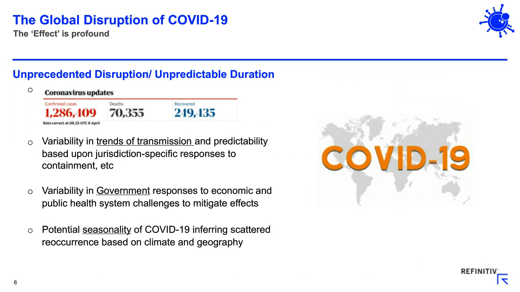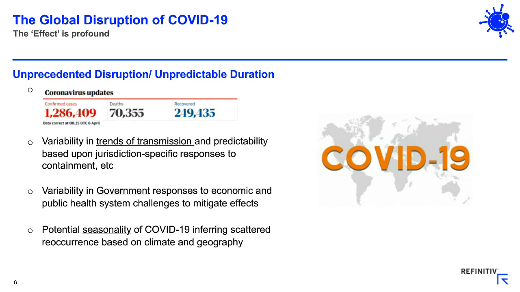The effect of COVID is obviously profound. We are really and truly in unprecedented times, in terms of disruption, but also in terms of duration. We're seeing right now, a stat from yesterday, over 1.2 million confirmed cases of COVID. We've got over 70,000 deaths and around 250,000 that have actually recovered from contracting COVID right now.